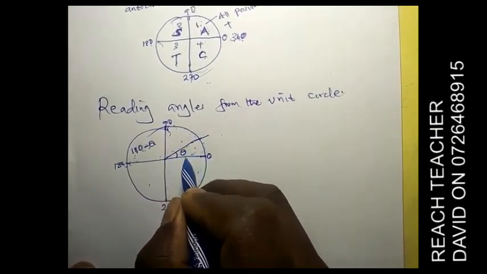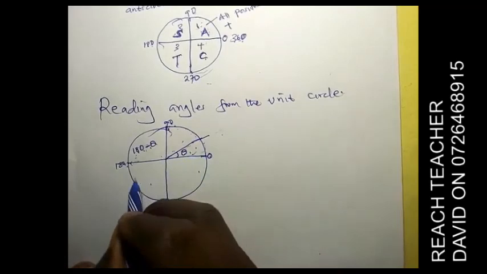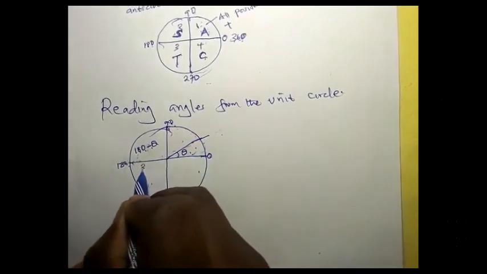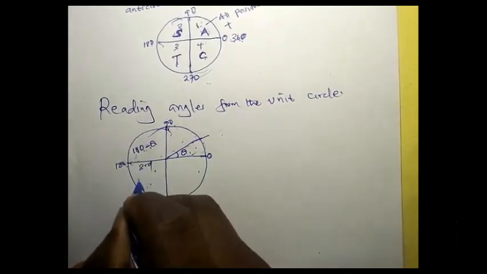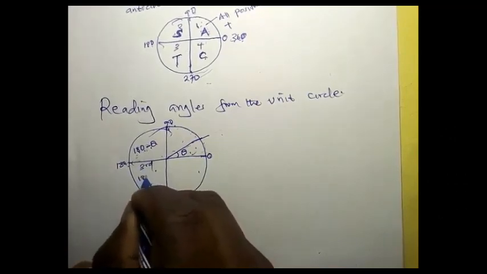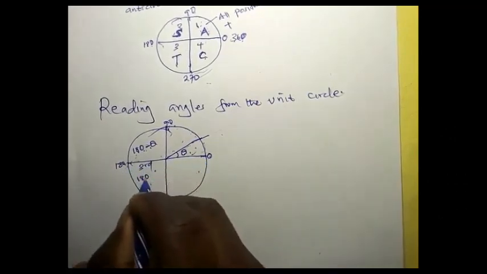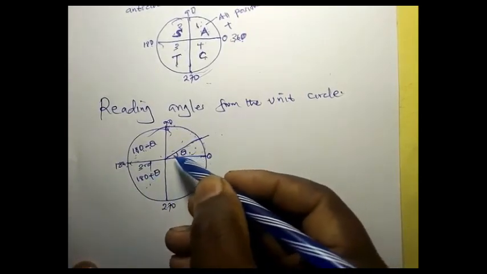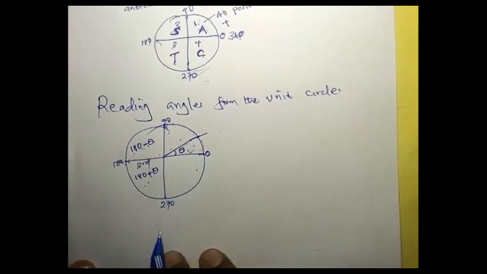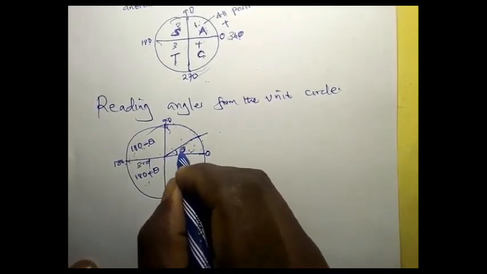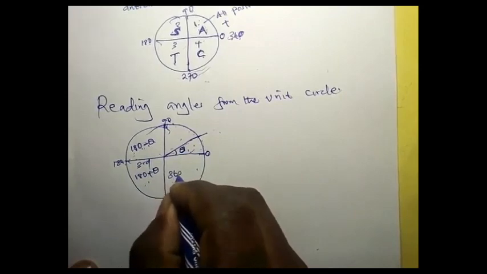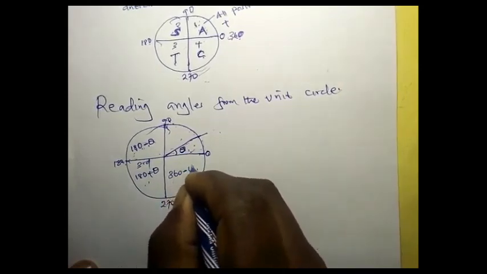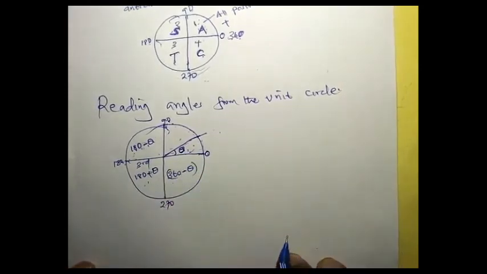If you have this angle in the first quadrant, and we want to get the angle in the third quadrant, it is 180 plus theta. To get an angle in the fourth quadrant, and we have angle theta here, then it is 360 minus theta. Very important.